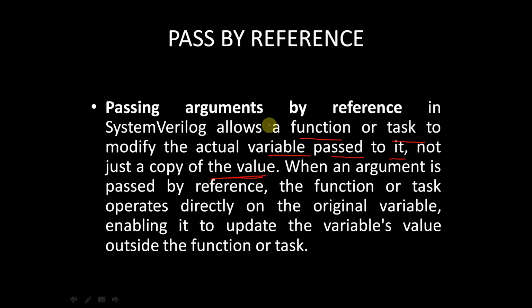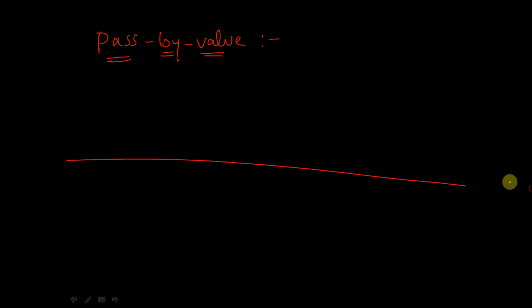So the modification will be done on the actual variable which we are passing to the task. Let's see these two differences: this is pass by value and the second one is pass by reference.